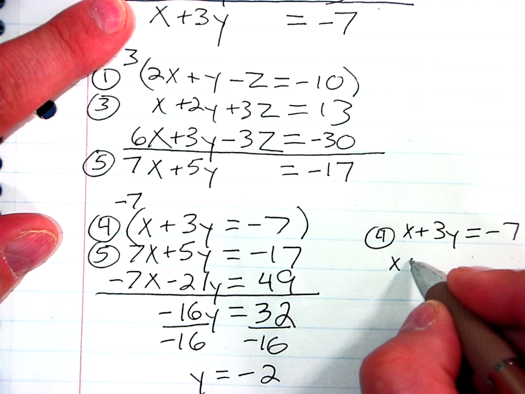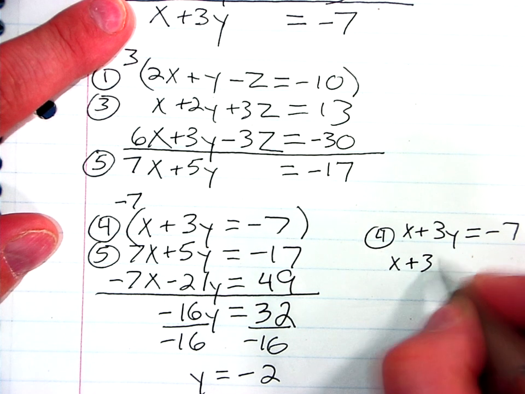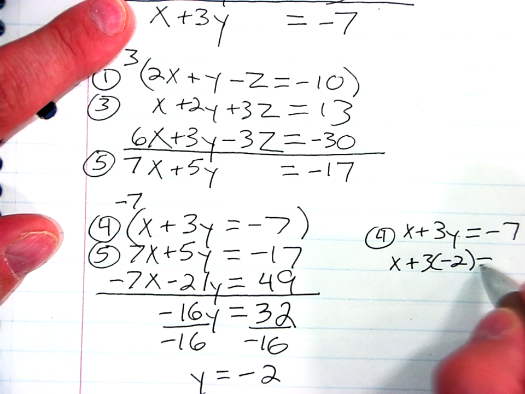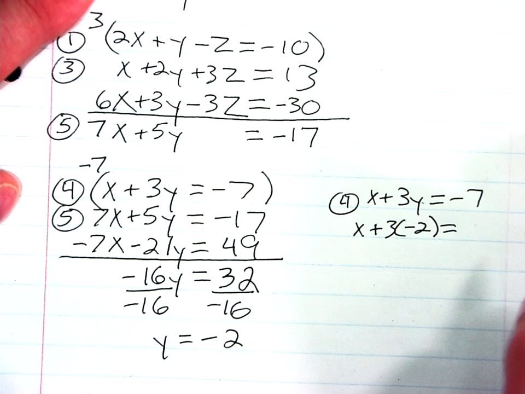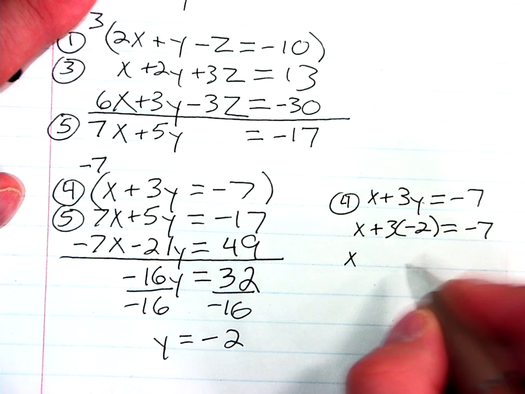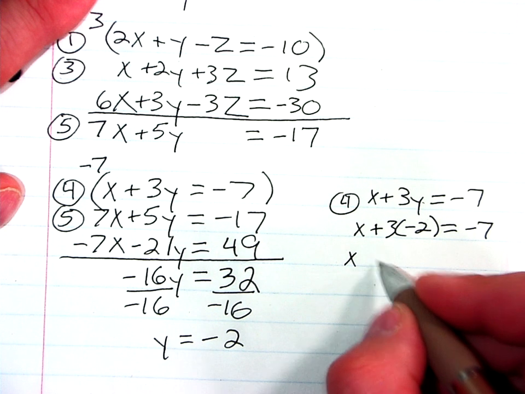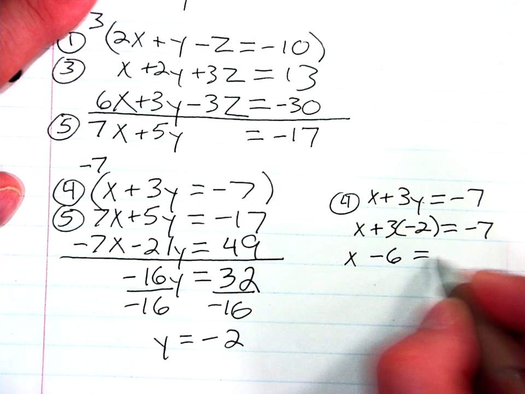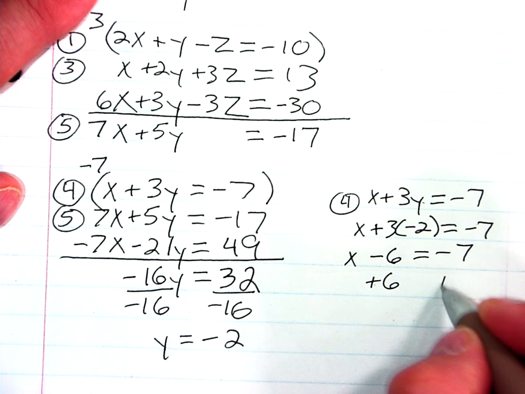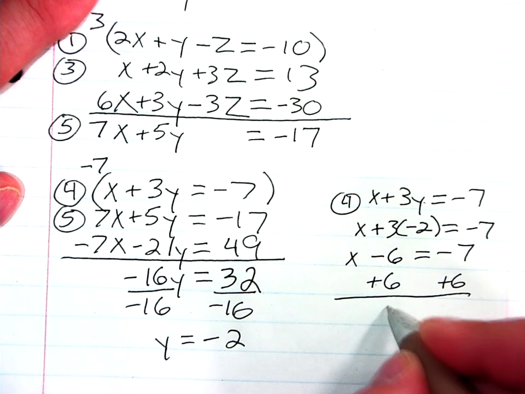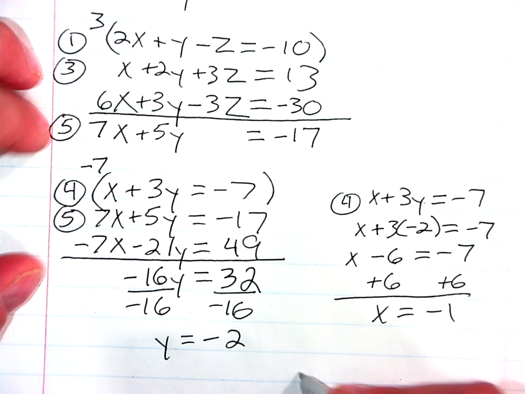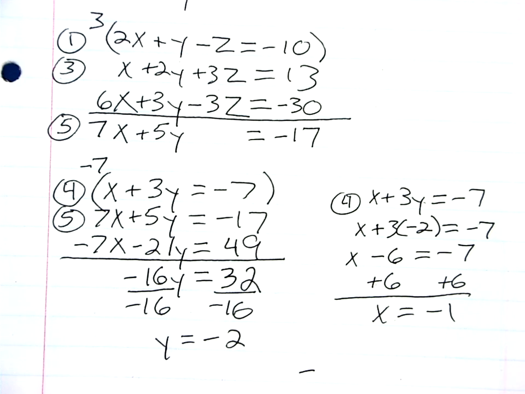So now x plus 3 times -2, I substituted in the -2 for the y, equals -7. 3 times -2 is -6. It's subtracting 6, so I'm going to add 6. x equals -1. So my final answer is going to be, we don't have a final answer yet, do we?